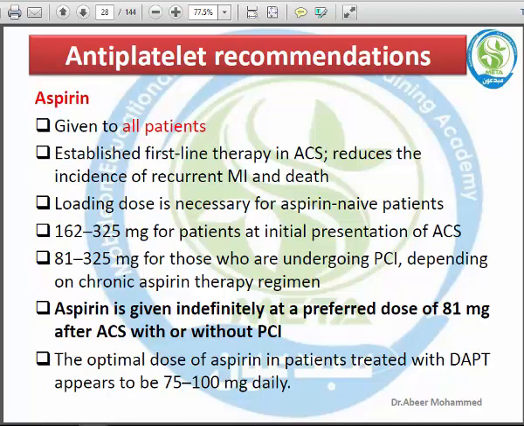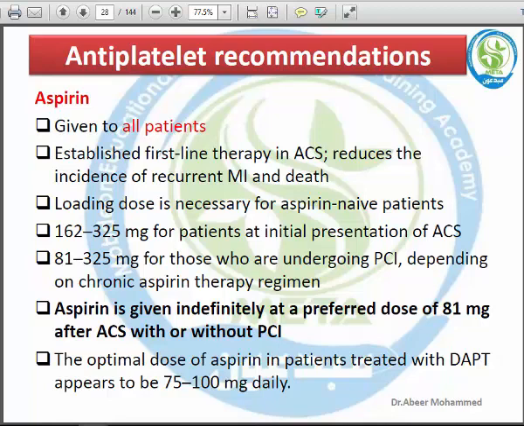A loading dose is necessary for a naive patient, meaning a patient who doesn't take aspirin before. As we said, the loading dose is from 162 up to 325 milligrams. At initial presentation, once the patient comes to the ER, the emergency room, he should receive the aspirin loading dose.